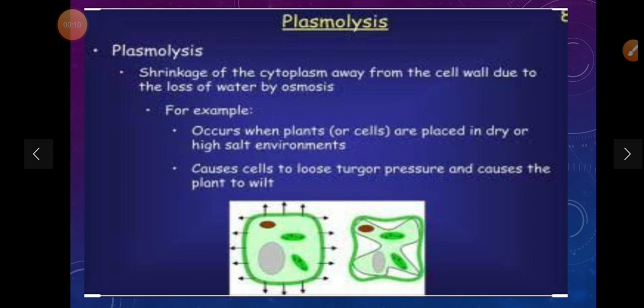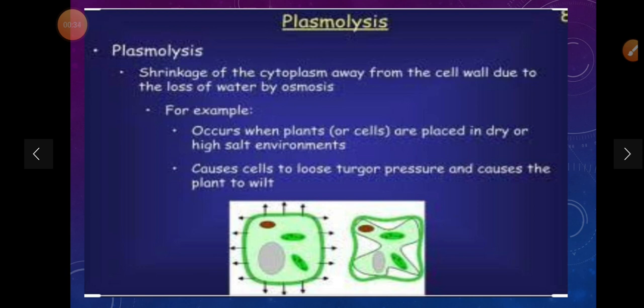What is plasmolysis? The shrinking of cytoplasm away from the cell wall due to loss of water by osmosis. That is plasmolysis. For example, it occurs when plant cells are placed in a dry or high salt environment.